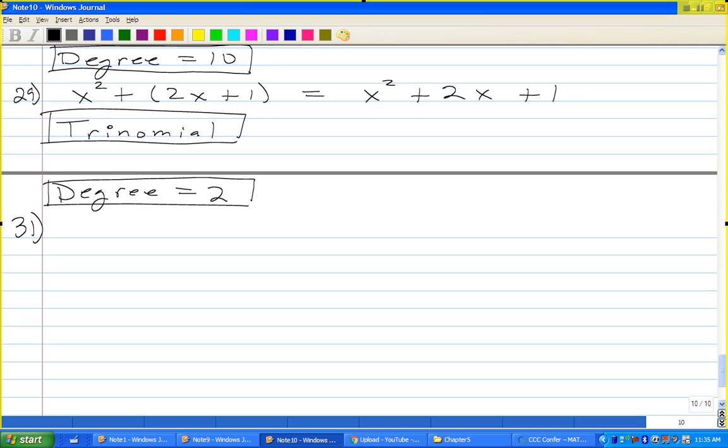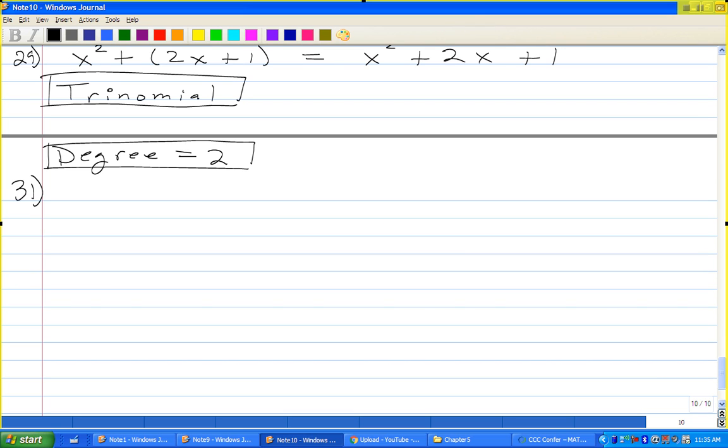31. 3x squared minus 7x plus 5. Okay, so in exercises 31 through 38, evaluate the polynomial when x is equal to 2 and x is equal to negative 2.